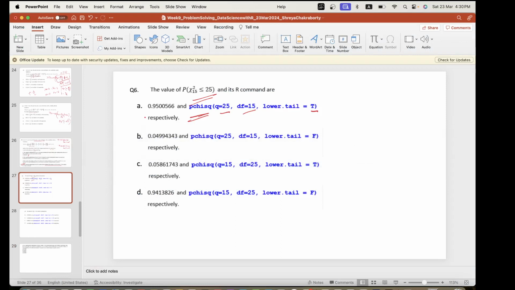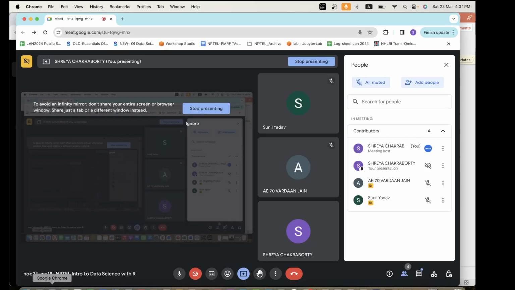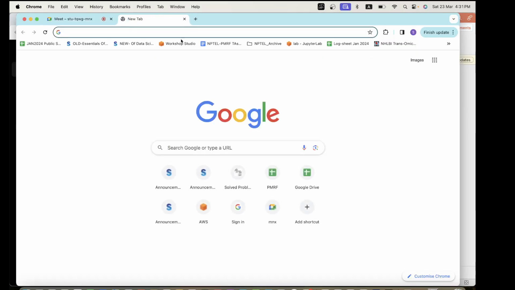Now I would like to ask you, suppose the software is not available to you, and the table is available, do you know how to read a chi-square table? Okay, so have some basic idea, we say. Alright. So my entire screen is visible to you, right?